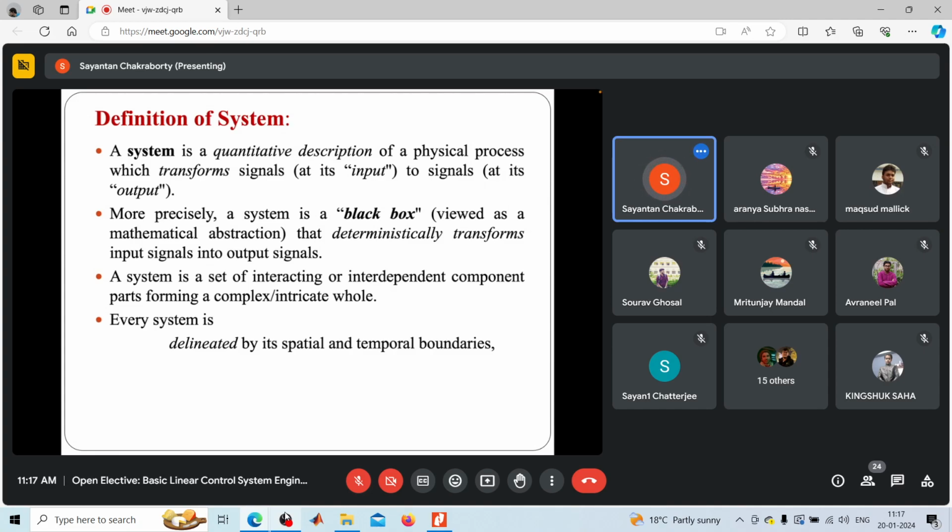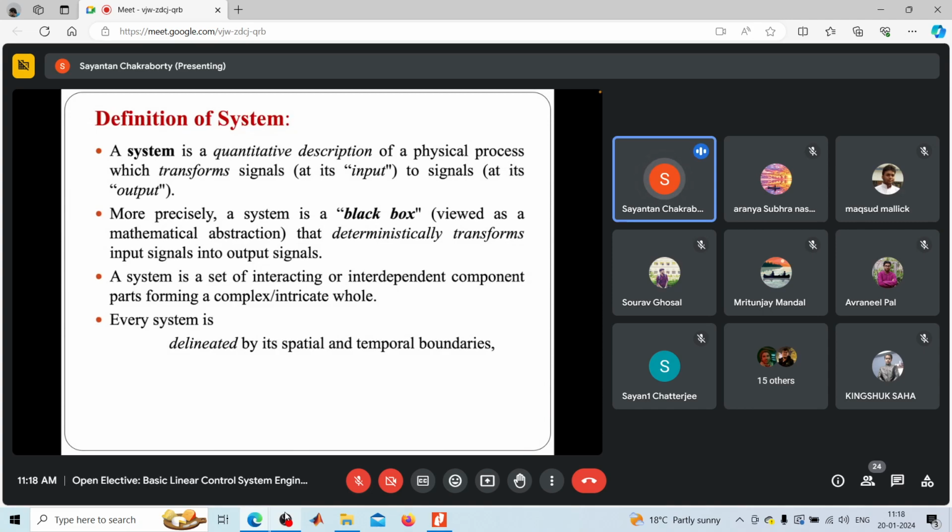That is, every system will have a spatial boundary, occupying this much of space, and temporal boundaries, because in some situations the system may have some time dependence and will vary with respect to time. So it should be clearly delineated in terms of its spatial presence as well as temporal presence.